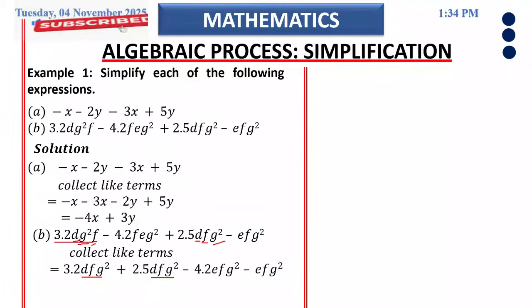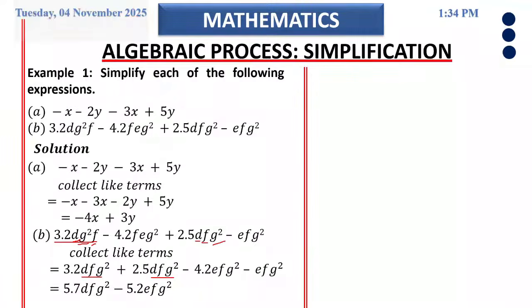So the same way we solved the first question, where we added those in x together and those in y together, the same thing we're going to do here. We add those in dfg square together and those in efg square together. So 3.2 plus 2.5, of course, will give us 5.7 dfg square.